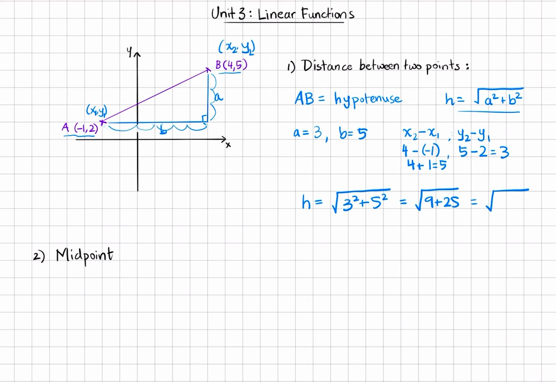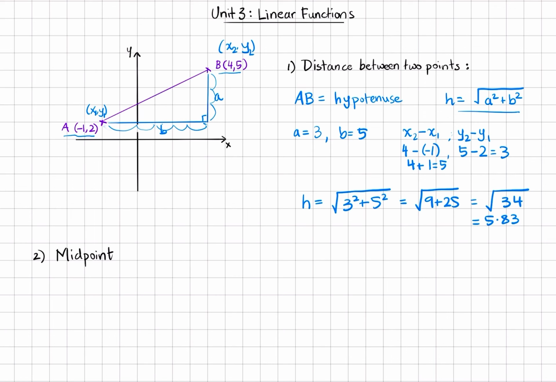It's 34. We can do that on our calculator. And that would give us, hold on, 5.83. That's to 3 significant figures. There are a lot more decimal numbers, I just don't write them.